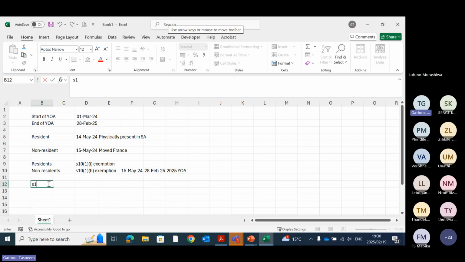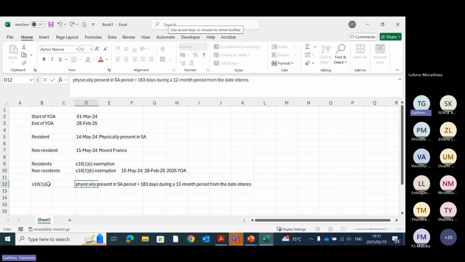Section 10.1H says that one of the provisos is that if you were physically present in SA for a period of greater than 183 days during a 12-month period from the date interest is received or accrued, you will not qualify for the exemption.